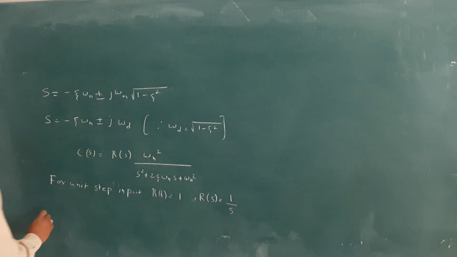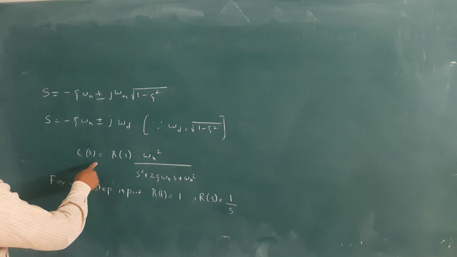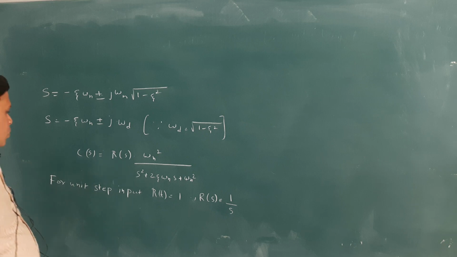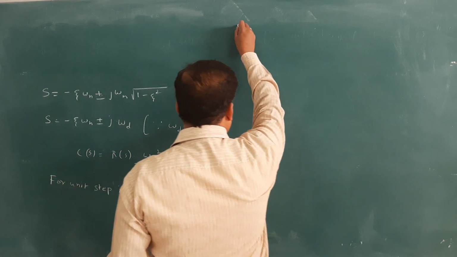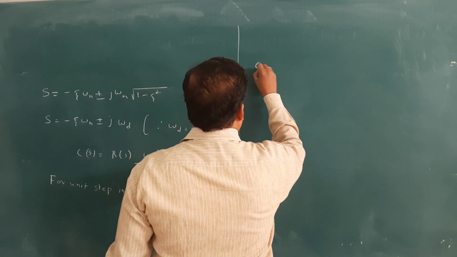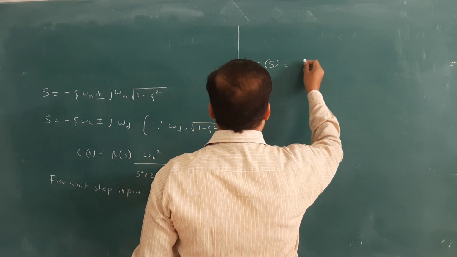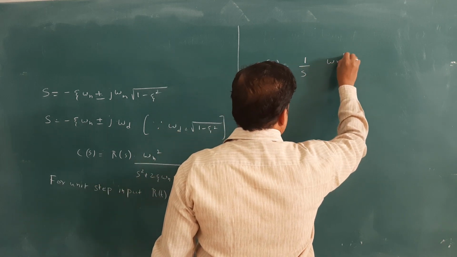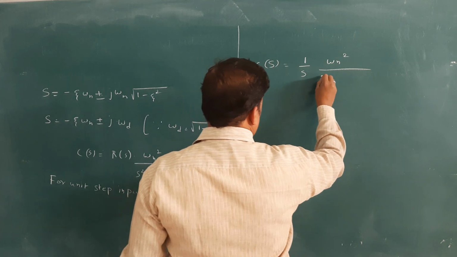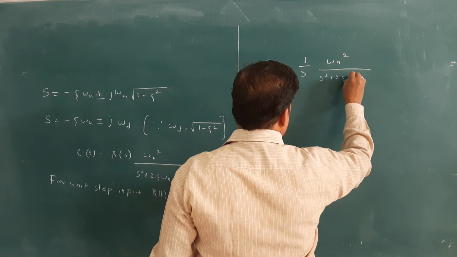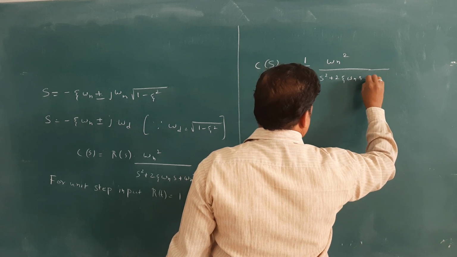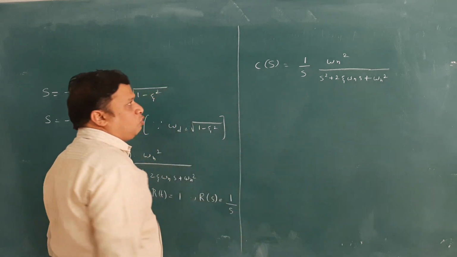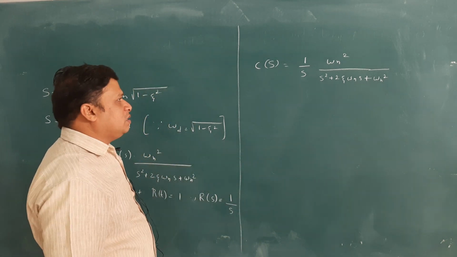Now, after writing this, in place of R of s we write 1 by s. So C of s is equal to 1 by s into omega n square divided by s square plus 2 zeta omega n s plus omega n square.